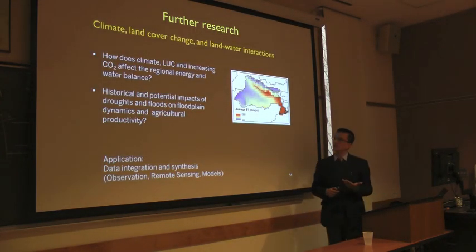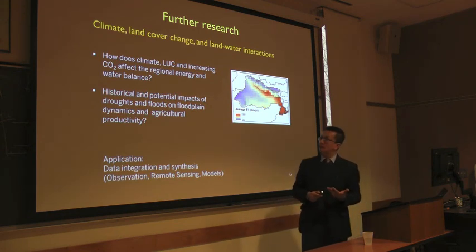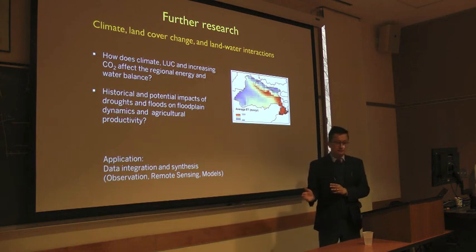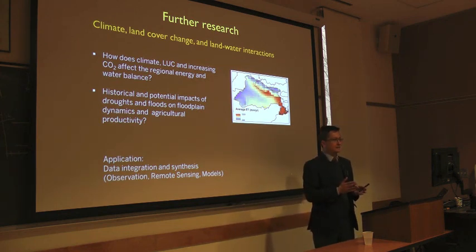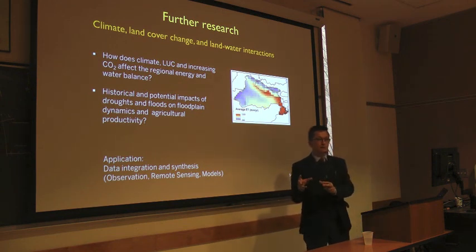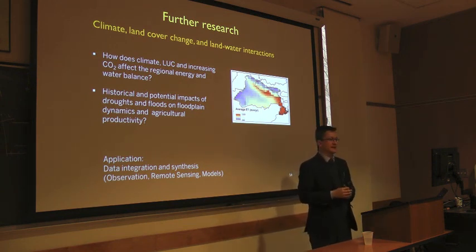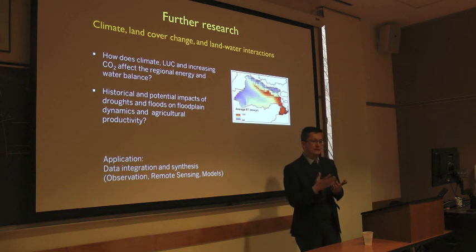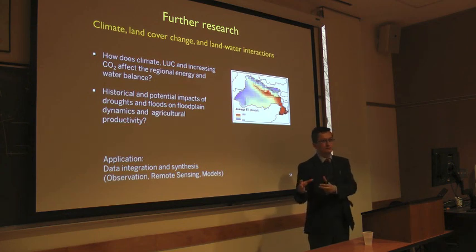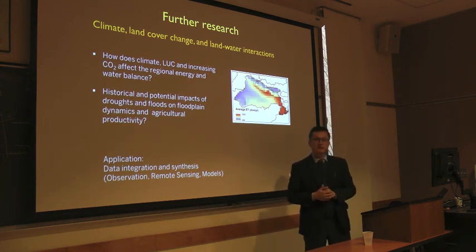So now, what are some of the work that I'm interested in? For my postdoc, I actually worked in the Amazon for 3 years, where I was looking at the impacts of climate and impacts of deforestation. The Amazon is heavily deforested. So what I was trying to do there is, if I know the hydrology is changing, what is caused by climate, and what is caused by humans in terms of land use change.